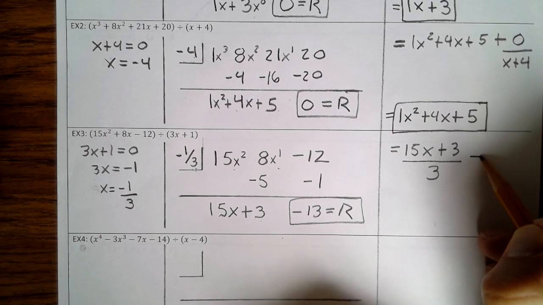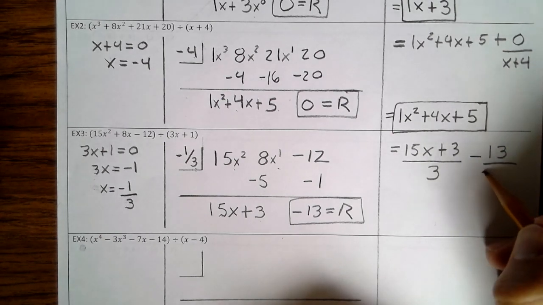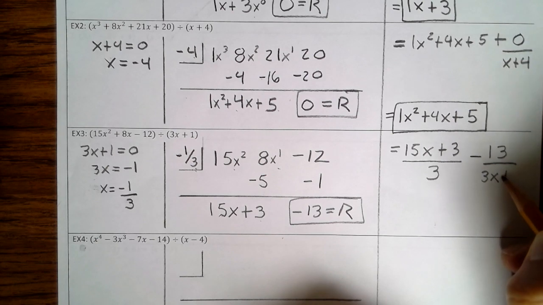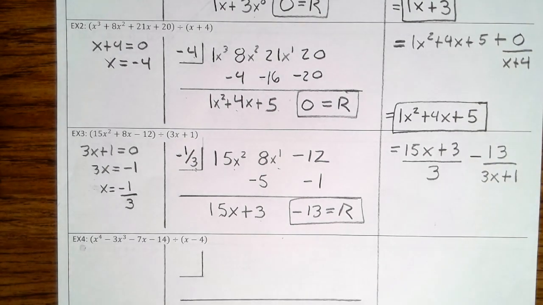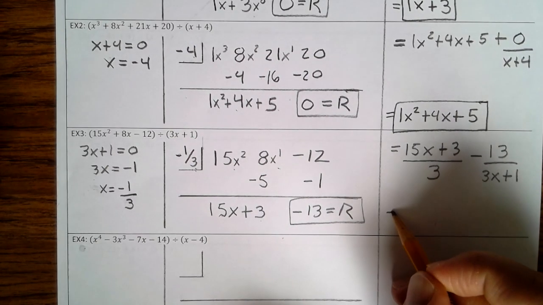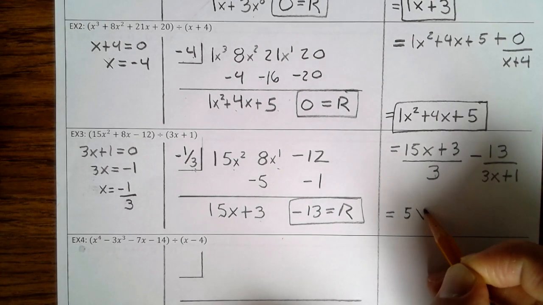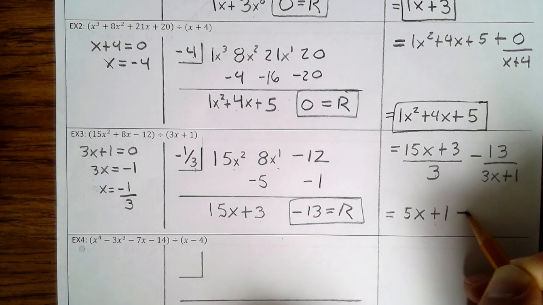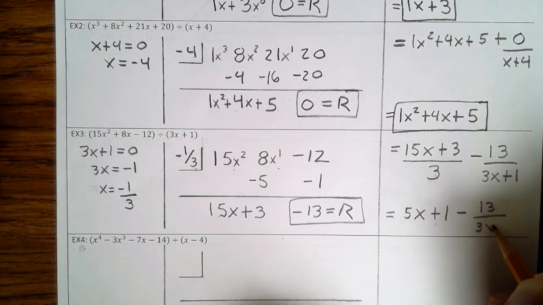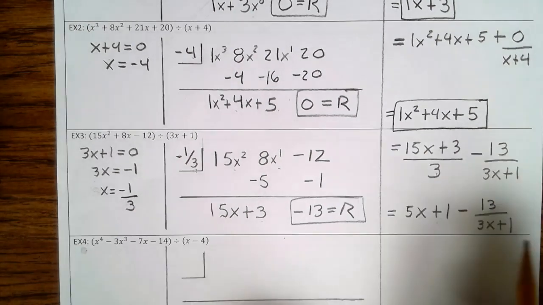And then minus your remainder, 13, divided by 3x plus 1. So this becomes, when you divide by 3, that's 5x plus 1 minus 13 divided by 3x plus 1.